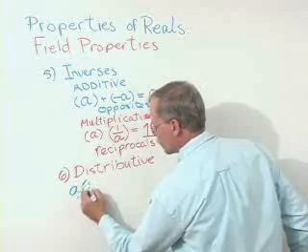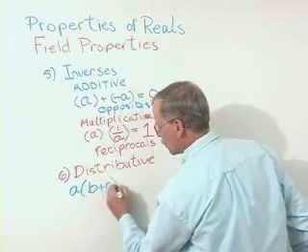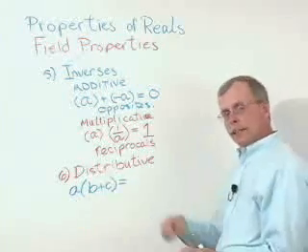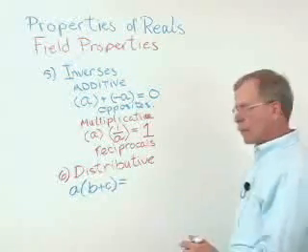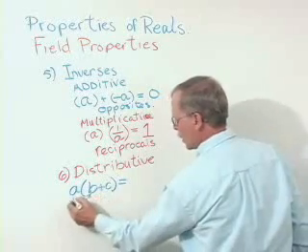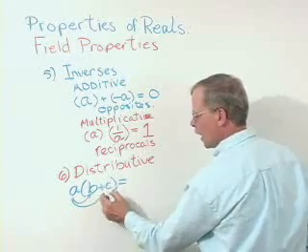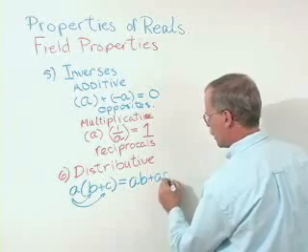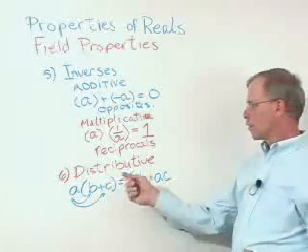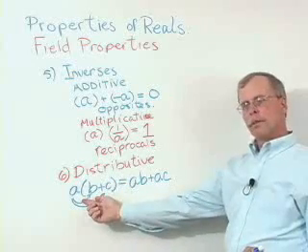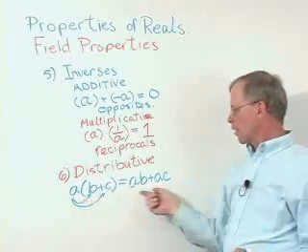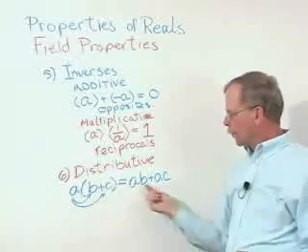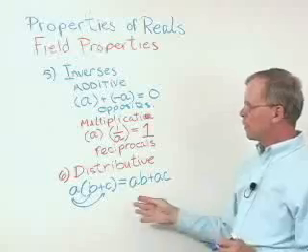A times (B plus C) is equal to, and the distributive property sort of deals out the values, so A gets distributed to B and C, so we have AB plus AC. Notice the distributive property starts with parentheses, but on the other side the parentheses are gone. It can be used in both directions, and we'll use that property a lot.